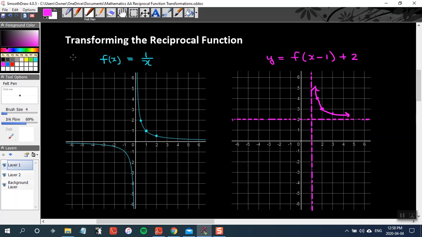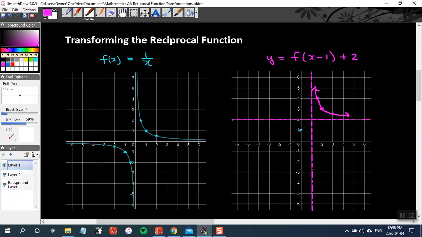Okay, and on the negative branch of our basic reciprocal function, we of course have these 3 points. And as long as we can get those in our translated version, I'm going to go a step down and to the left from my asymptotes. And it lands us right here.